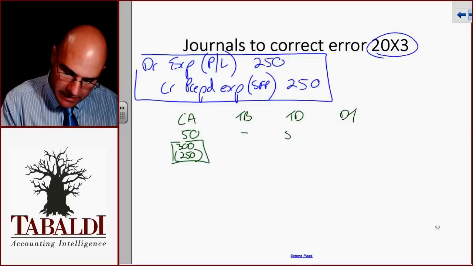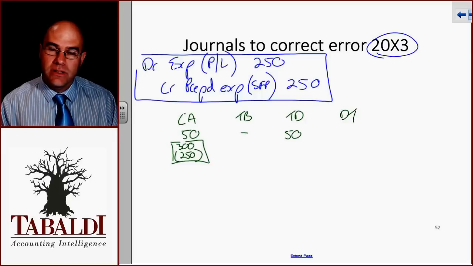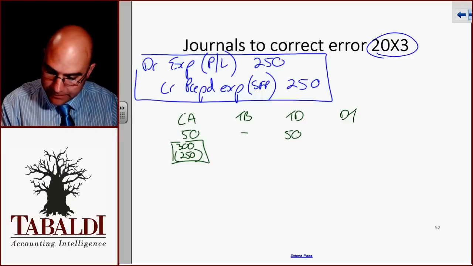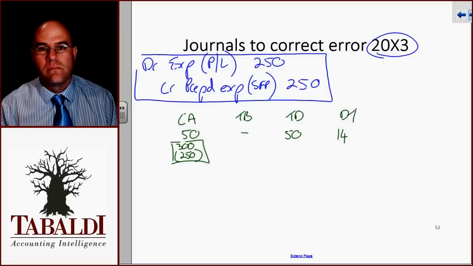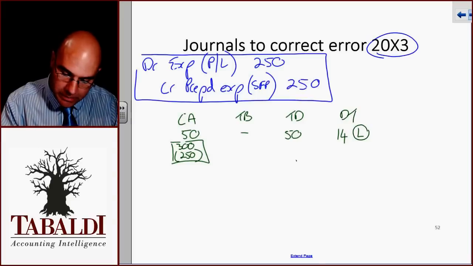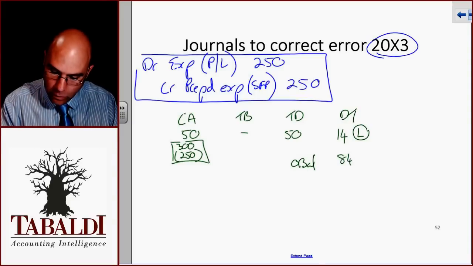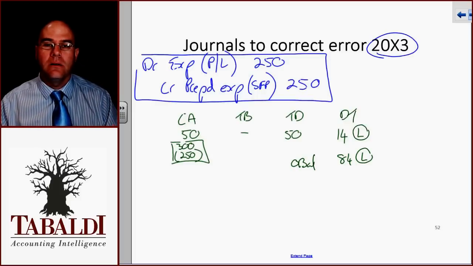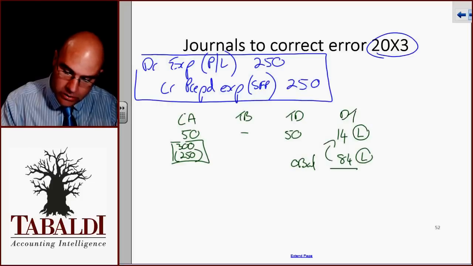So temporary difference now is 50, okay, and that is a future tax liability, being 14. Okay, now that is a deferred tax liability. The opening balance was sitting at 84, being a liability. We will now decrease the liability, okay, from 84 to 14.